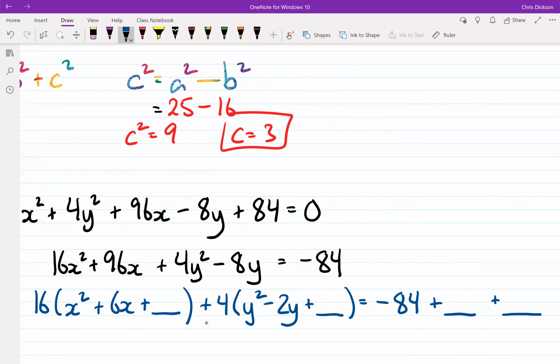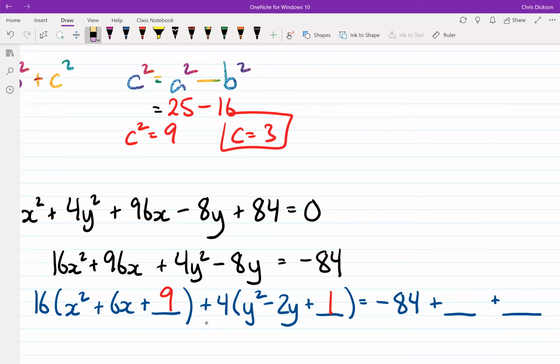Okay, so let's complete the square on the first set of brackets. So 6 divided by 2 is 3, squared is 9. And then 2 divided by 2 is 1, squared is 1. Now don't put 9 and 1 here, because notice that these numbers are being multiplied by the coefficient in front of those brackets. So I need to be careful here, okay?